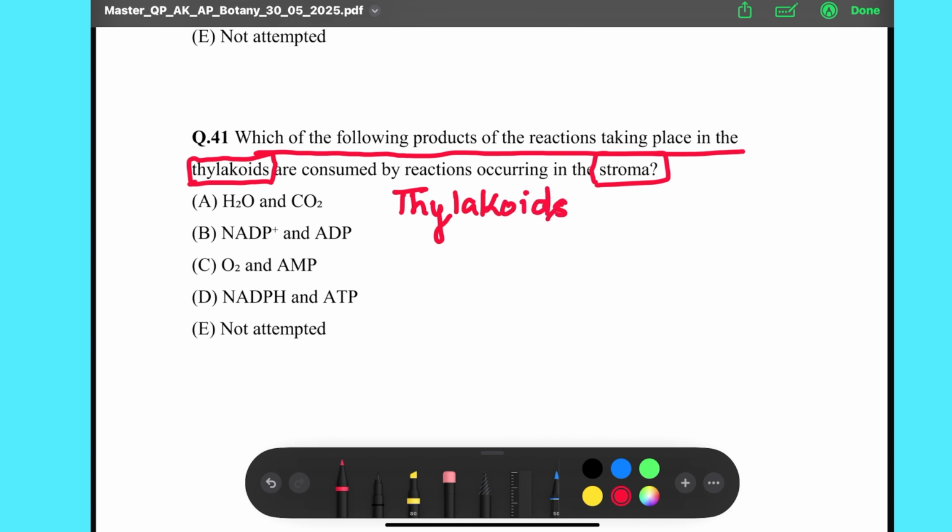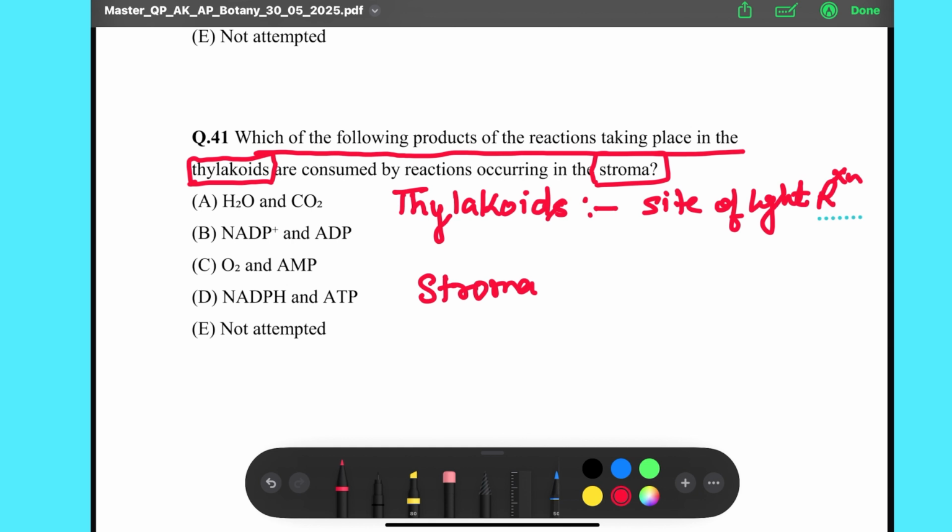You know, thylakoids and stroma are parts of the chloroplast. In the thylakoid, generally we call it the site of light reaction, right? Also called light reaction or light-dependent reaction.